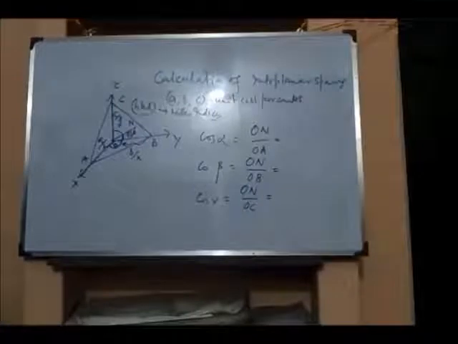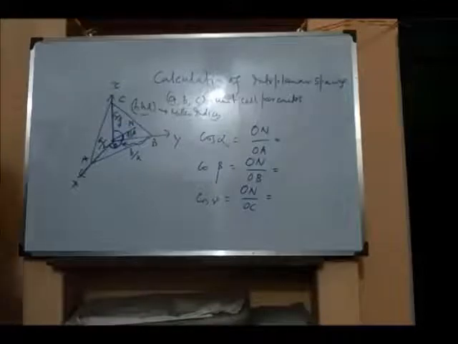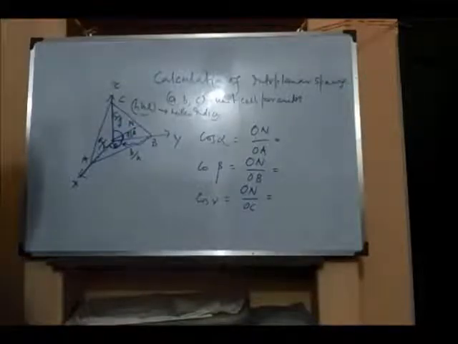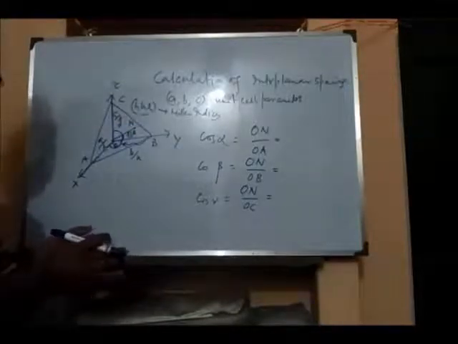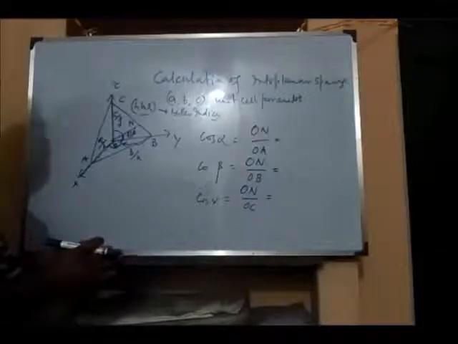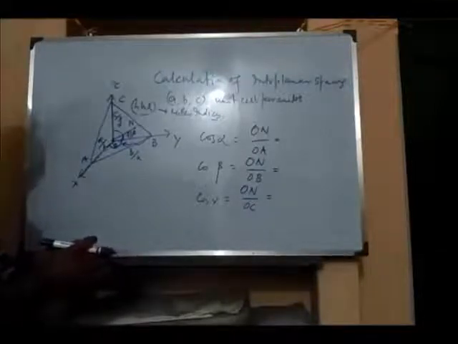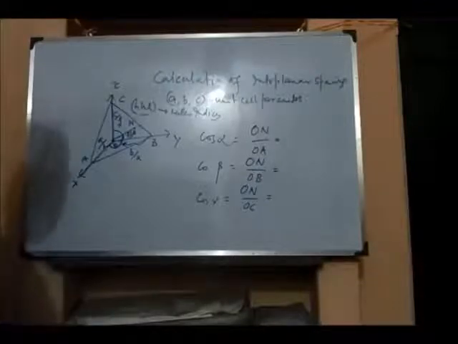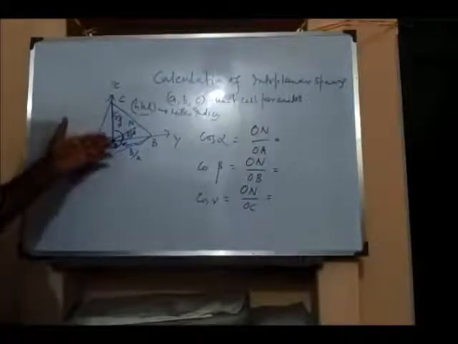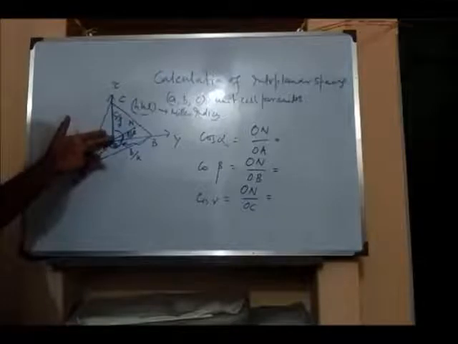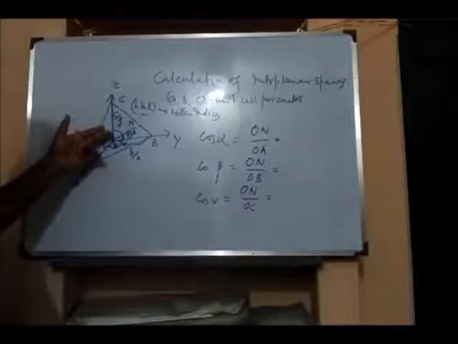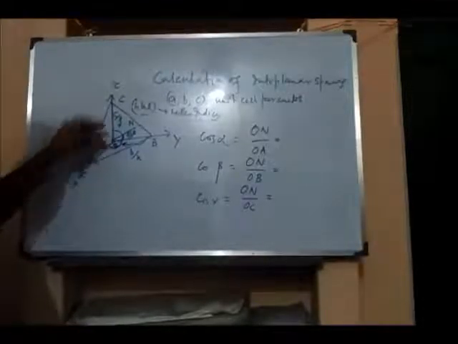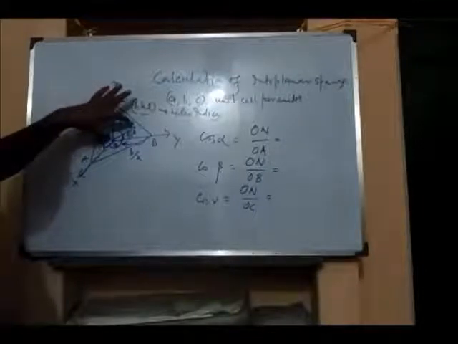So if these are chosen in this way, for any plane having Miller indices hkl, another plane can go through the center, that is through this origin. So the distance between two planes is just ON.